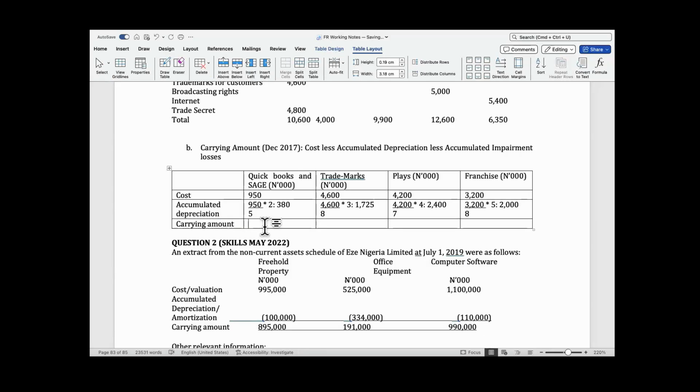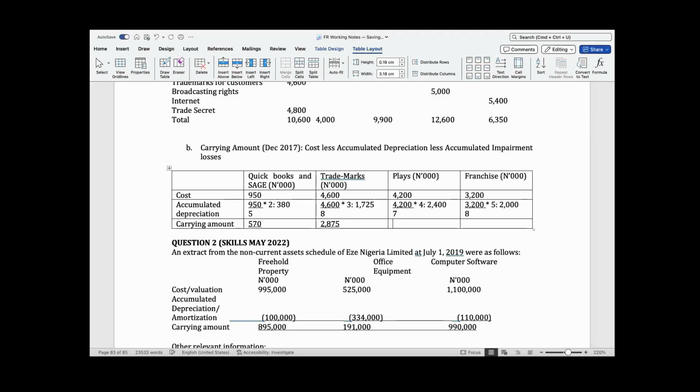So what's 950 minus 380 for QuickBooks? 570. What is 4,600 minus 1,725? 2,875.